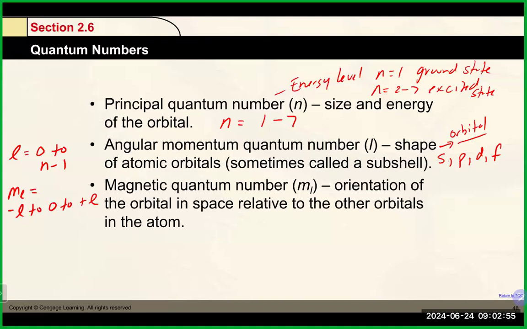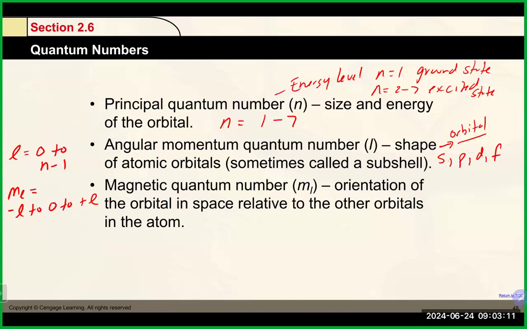So you go from the negative value of L to the positive value of L, going through 0. For every L value that you have, you could have individual m sub L values.